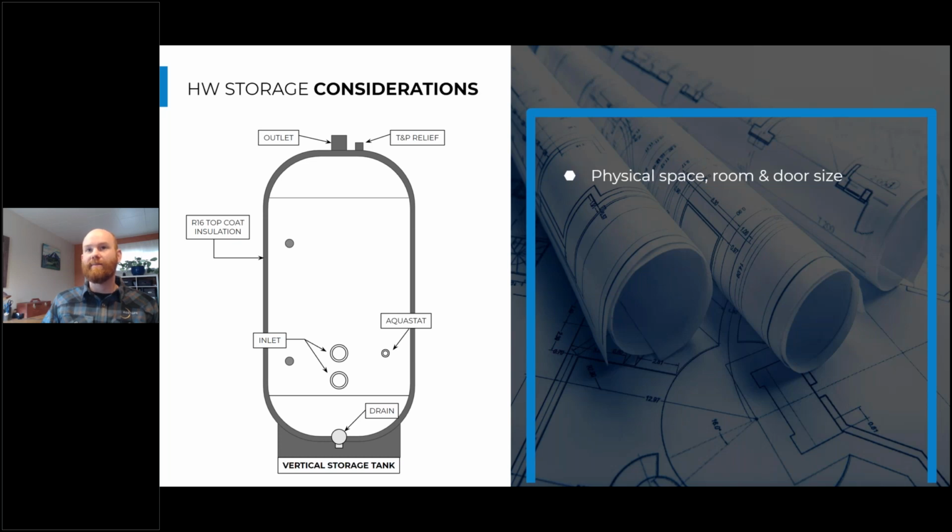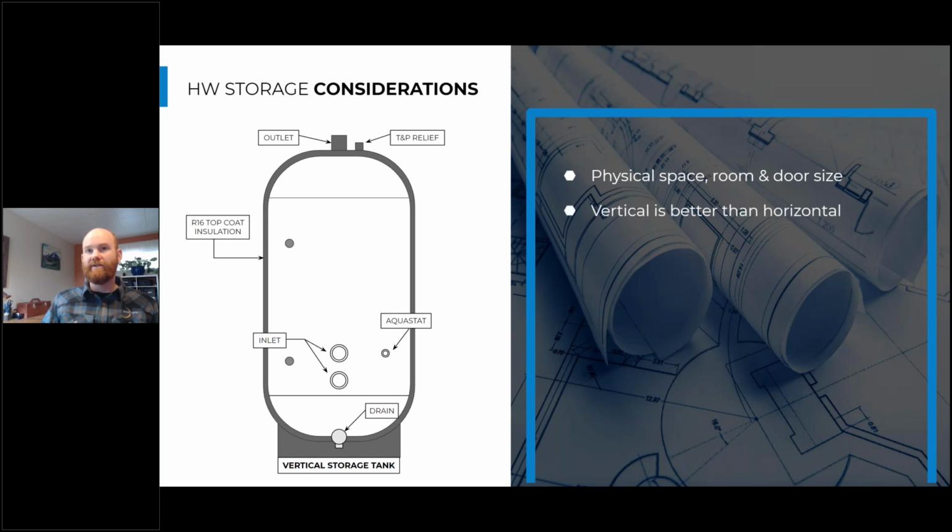Also, these tanks might be taller than 8 feet tall. So we need to really work with the architectural team to design the physical room layout so that we have enough floor space for the plumbers and maintenance personnel to work in there, as well as make sure that we can get these storage tanks through the various rooms and doors down to that mechanical room or onto the roof.